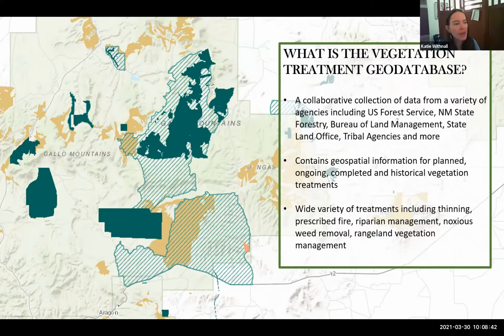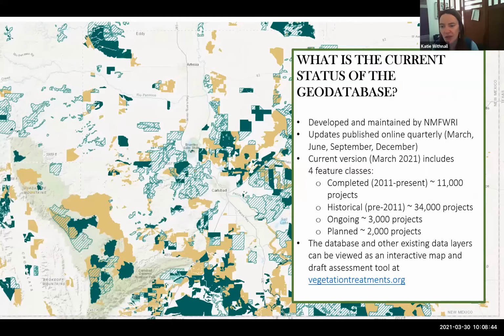The geodatabase was originally developed and continues to be maintained by the New Mexico Forest and Watershed Restoration Institute. It is a continual work in progress as new projects are added and other maintenance and updates are regularly needed.